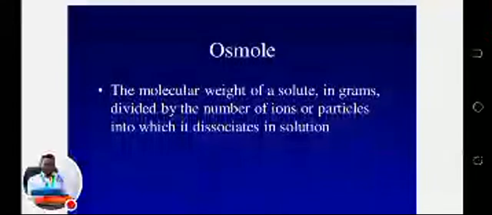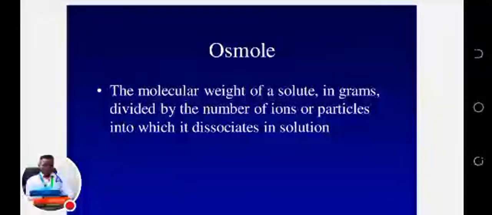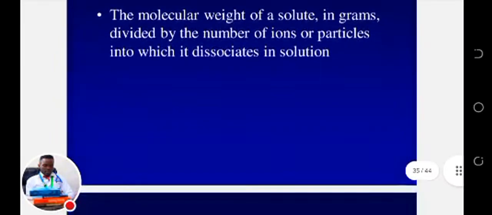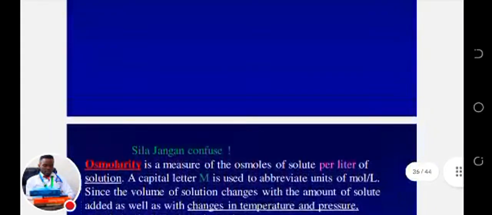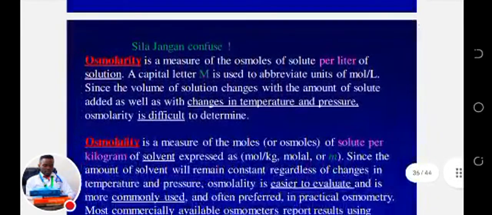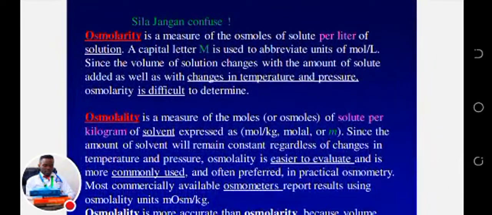Then what is an osmole? An osmole is the molecular weight of a solute in grams divided by the number of ions or particles into which it dissociates in the solution. So that's on the osmole. Do not confuse it with osmolarity, which we will talk about next.